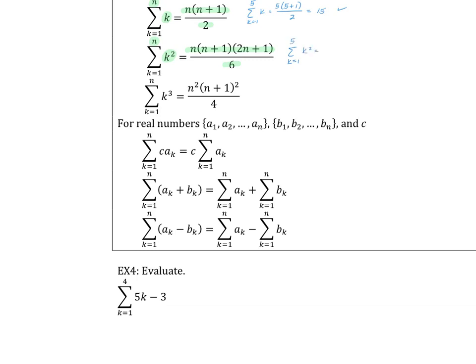We could have just used this formula and said, oh, okay, n is 5, so it's 5 times 5 plus 1 times 2 times 5 plus 1, all over 6. So that's going to be 5 times 6 times 11 over 6. That should turn into 55, and it does.